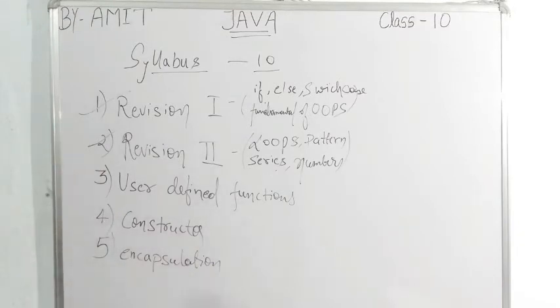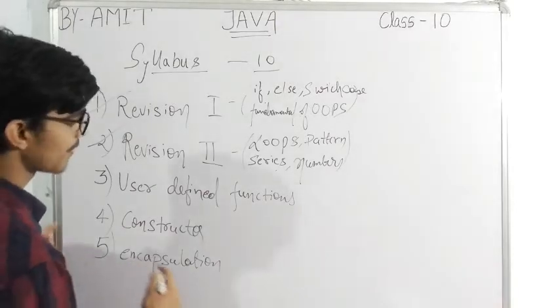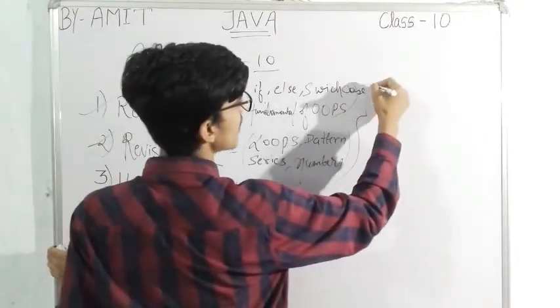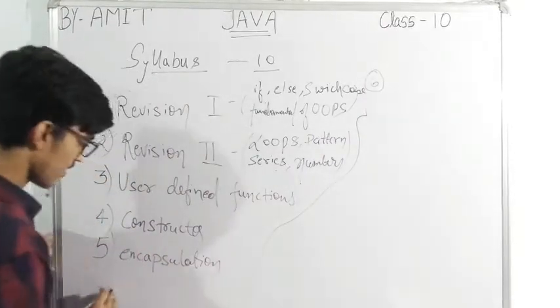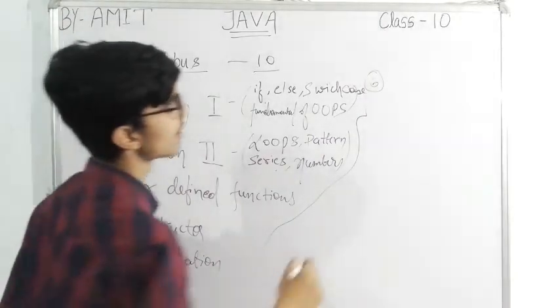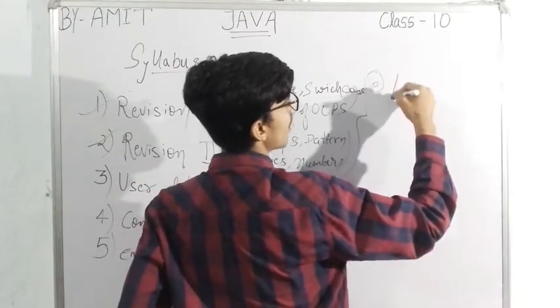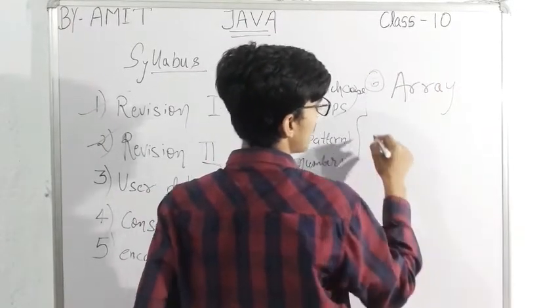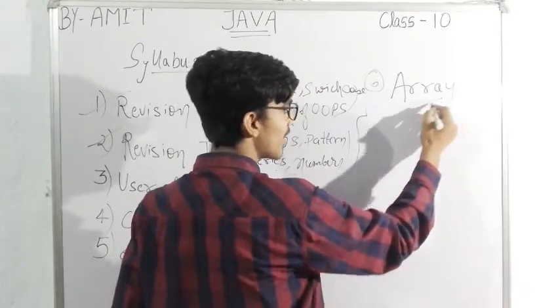There are many more things which we have to learn in class 10th. So till here, 5th number. We'll start from here, 6th, encapsulation. After this we have array, which is very important.